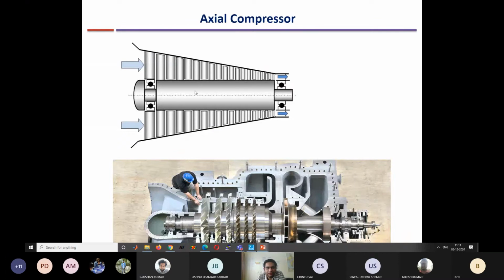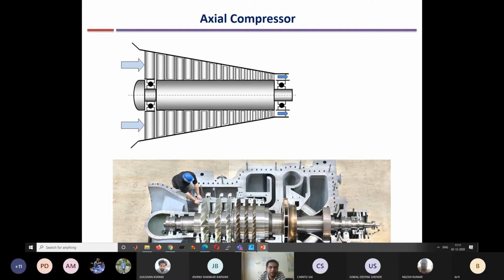So the nature of flow is that the flow passes through the rotors, it gains kinetic energy, and also some rise in static enthalpy occurs. Then it passes through the stator, and the excess kinetic energy that has been gained is converted to rise in static enthalpy. Whenever I say rise in static enthalpy, remember, it is always accompanied by rise in static pressure and static temperature.